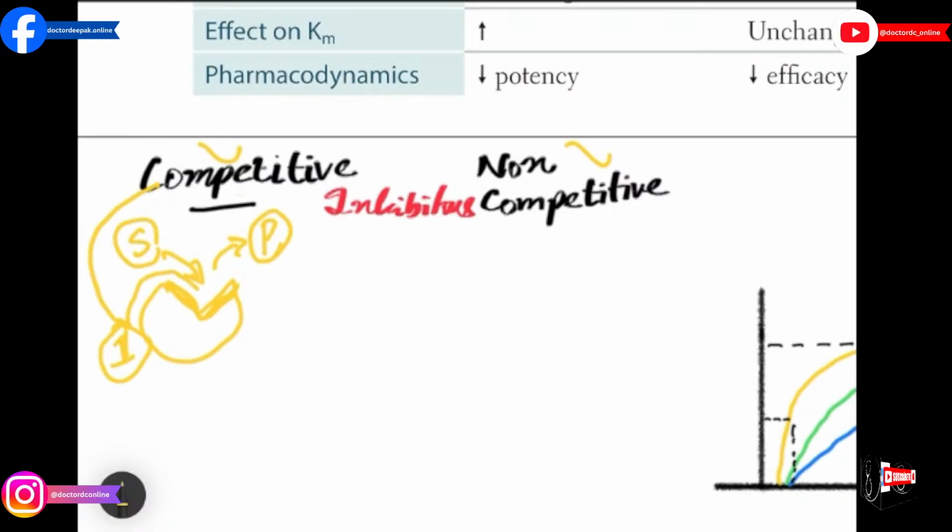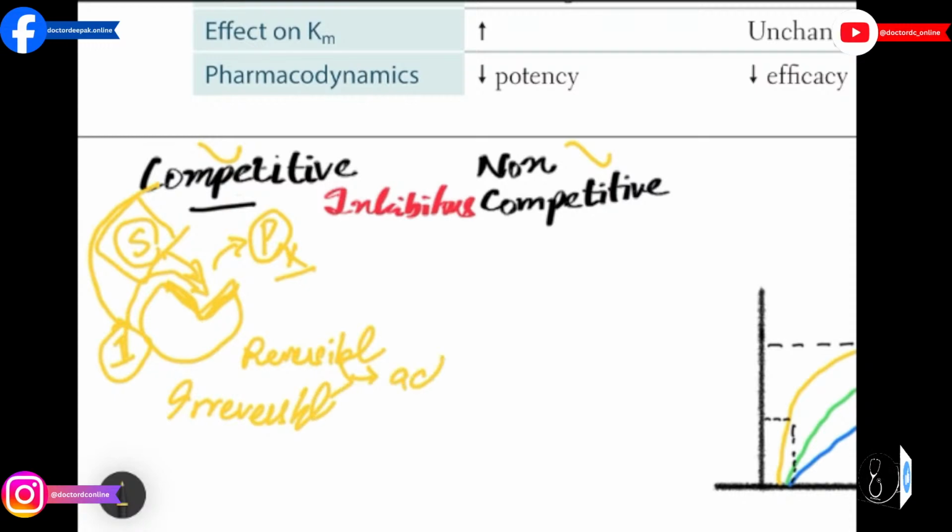It will come and attach to that site, blocking the substrate. If the substrate does not attach to the active site, then there will be no product. Okay? So the competitive inhibitors also have two types, either reversible and irreversible.